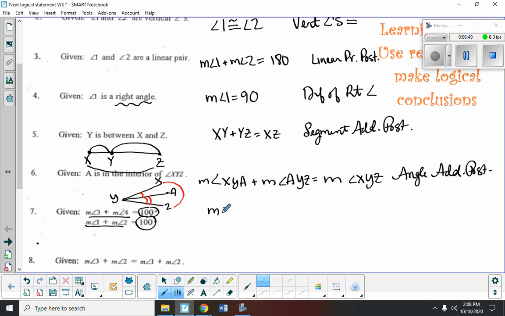So you could say the measure of angle 3 plus the measure of angle 4 equals the measure of angle 1 plus the measure of angle 2. And why do we know that? If A equals B and B equals C, then A and C are equal. That's the transitive property.